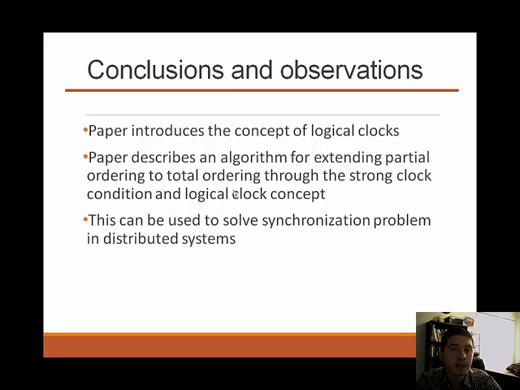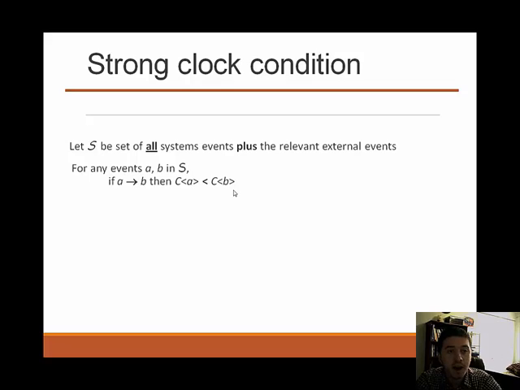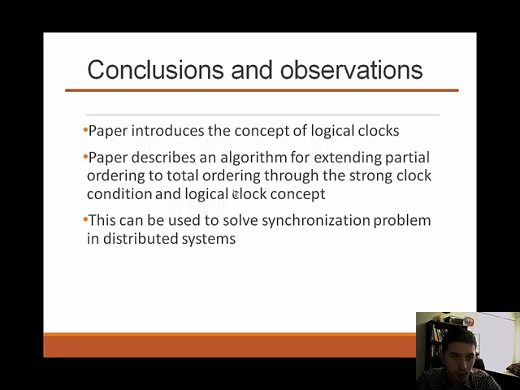This was also the concept that we wanted to introduce in this paper. By satisfying the strong clock condition, we have provided a condition that gives us a total ordering of events. This brings us to the end of the paper and to concluding all that we have said until now. The paper introduces the concept of logical clocks, abandoning the concept of physical clocks.